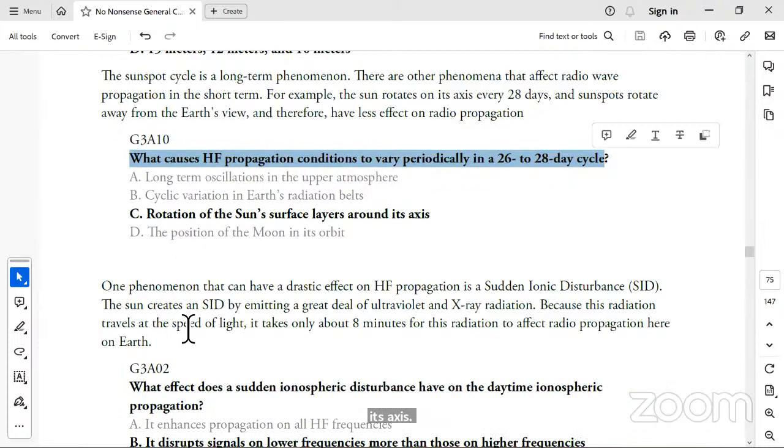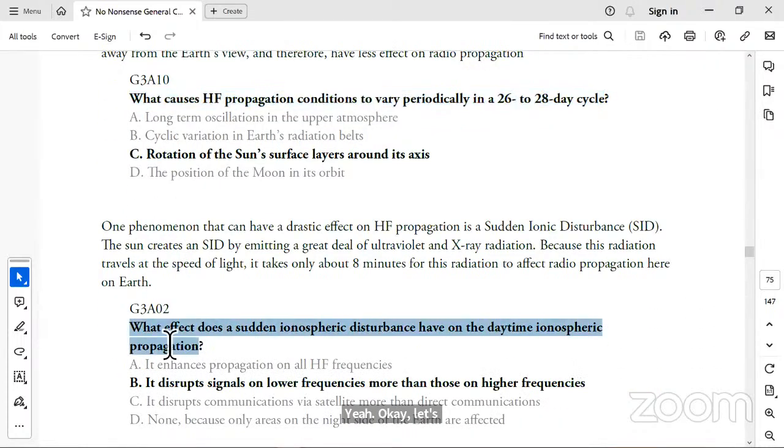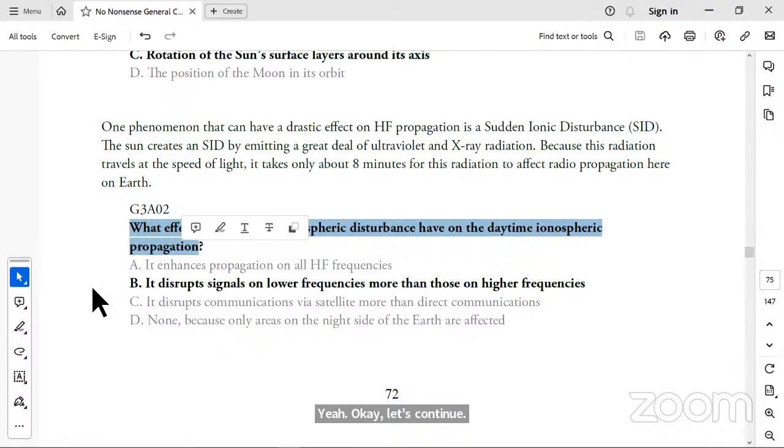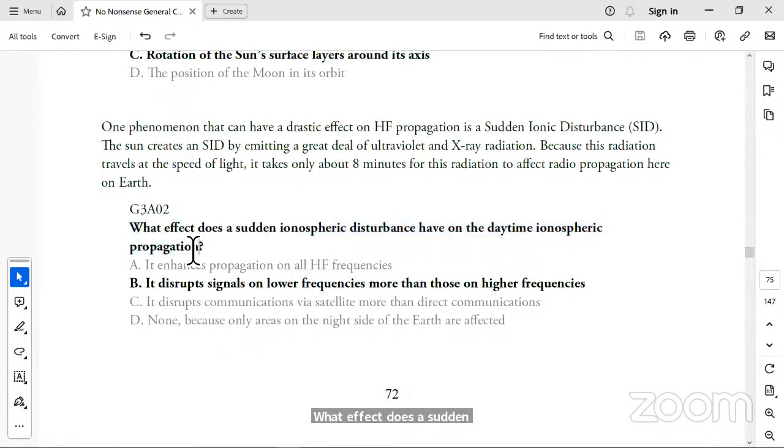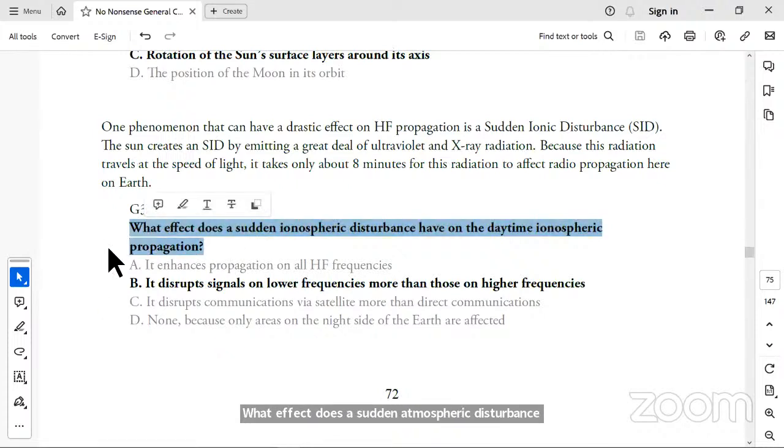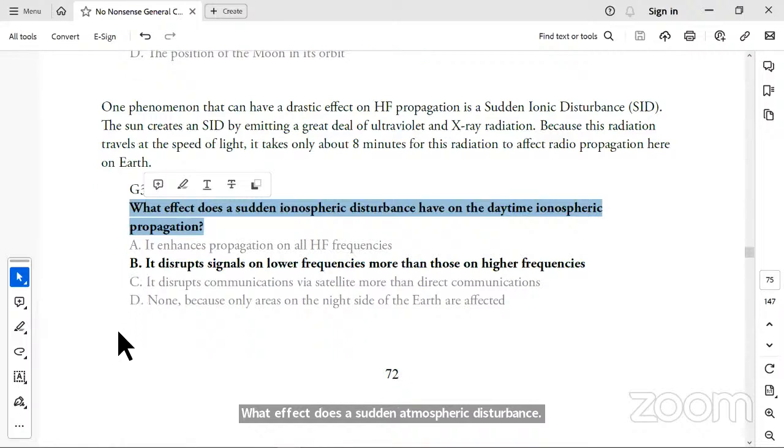Okay, let's continue. What effect does a sudden ionospheric disturbance have on the daytime ionospheric propagation? Well, it disrupts signals on lower frequencies more than on higher frequencies.